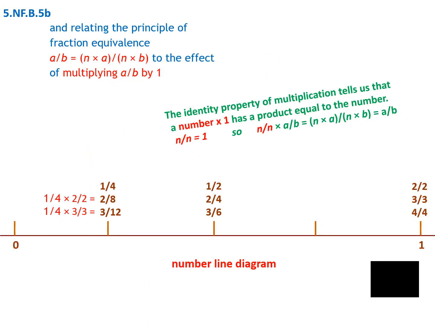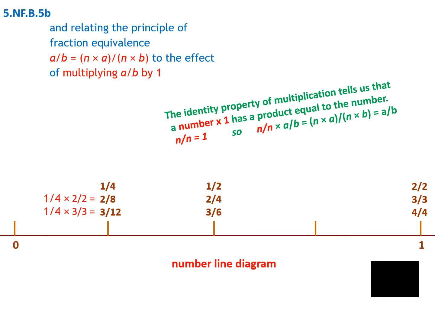The last part of this standard relates the principle of fraction equivalence to the effect of multiplying a over b by 1. Children, of course, have been familiar with the identity property of multiplication for several years. And now the multiplication of fractions tells us that any number multiplied by n over n has the effect of multiplying that number by the identity property.